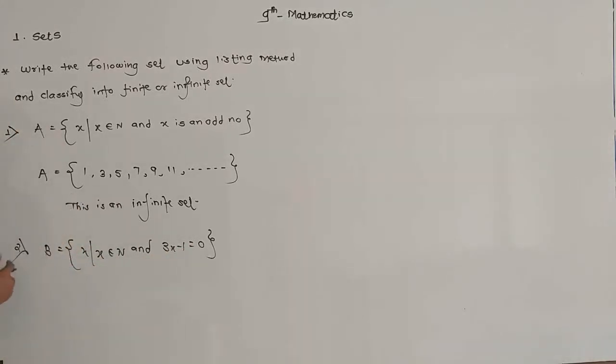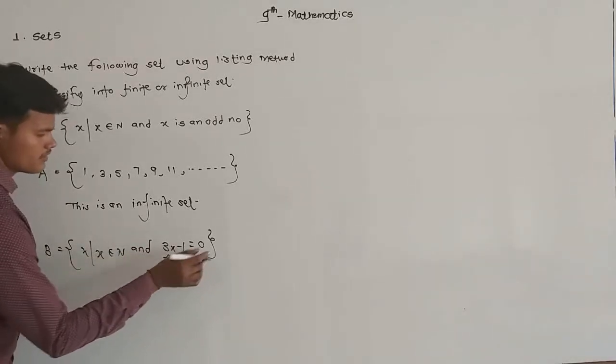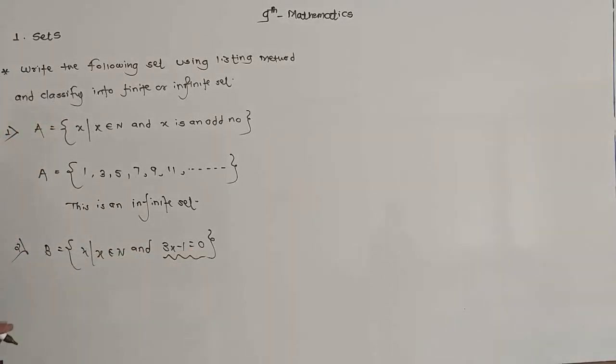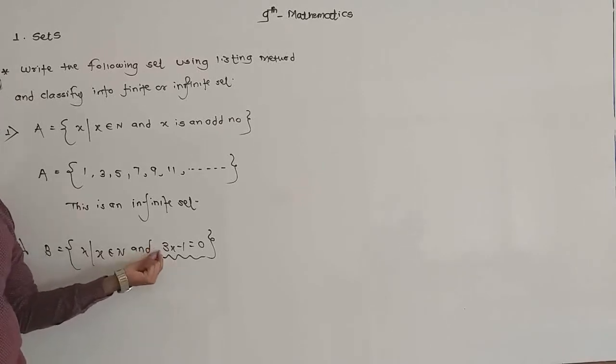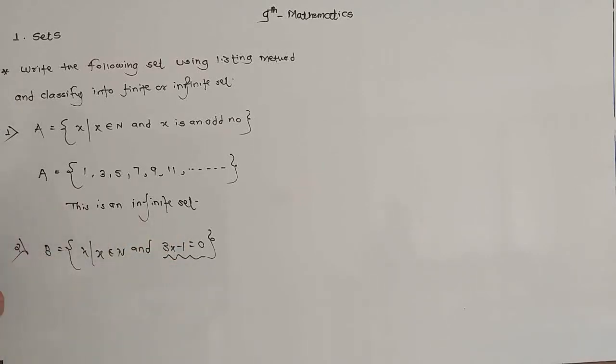Okay, आता condition आपल्याला सुरुवातीला x दिलाय. So in the given rule method, we are given one equation, that is 3x minus 1 equals 0. First of all, find the value of x, and after finding the value of x, check whether the value of x belongs to natural number or not.